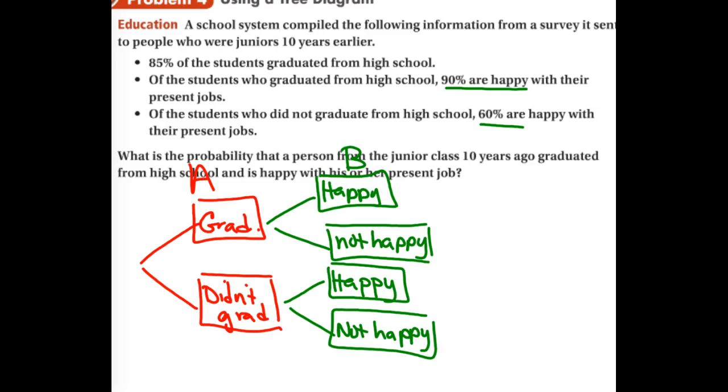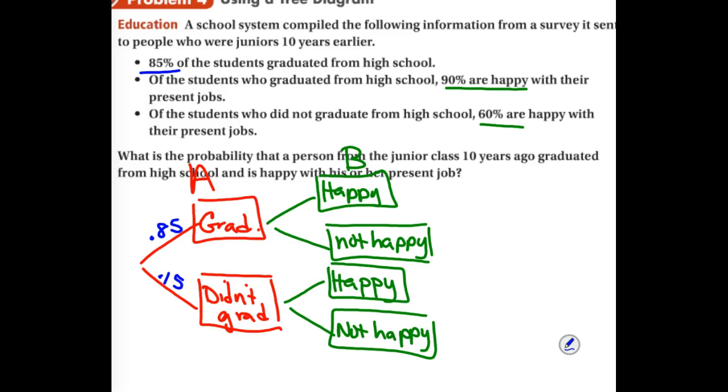So what did it tell us about the percent that graduated from high school? 85%? Okay, so I'm going to put 0.85 on that branch. What would the other branch have? 0.15. Yep. So we want those to always add up to a 1 or 100%. Does that make sense? Okay.